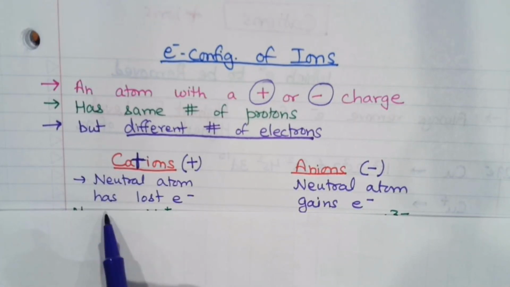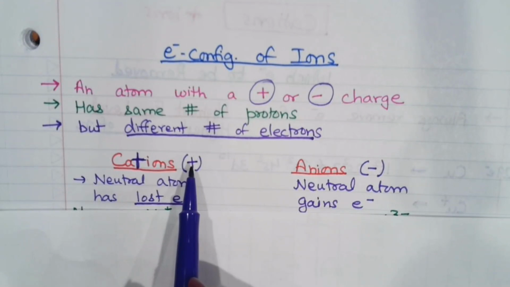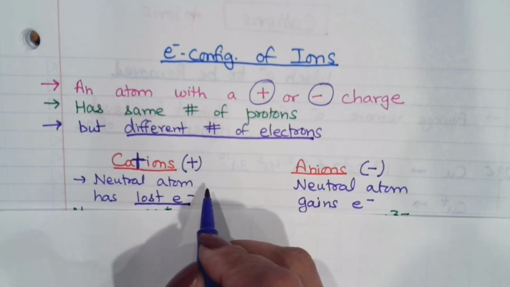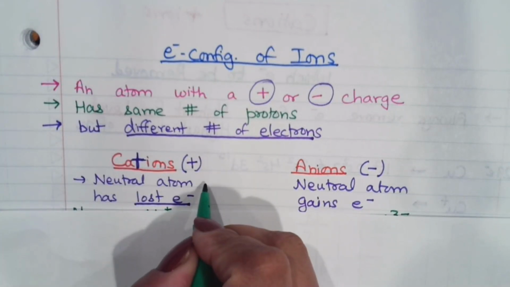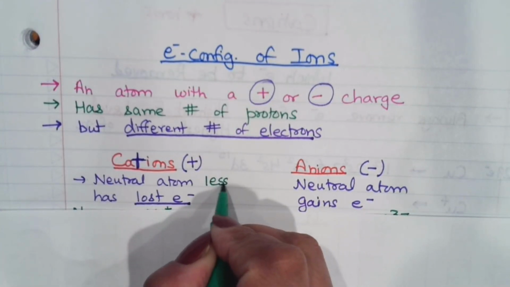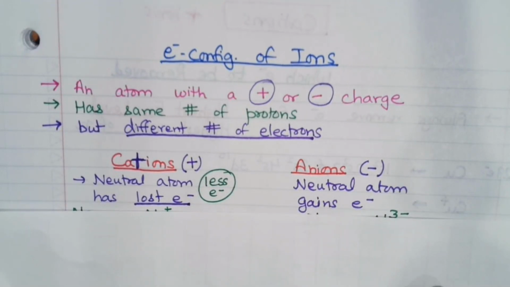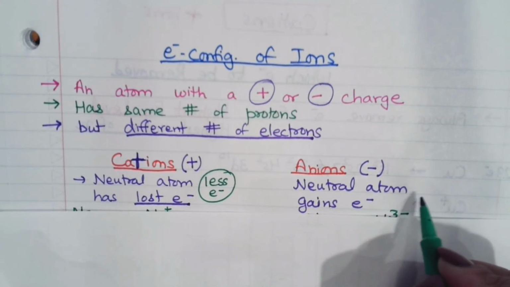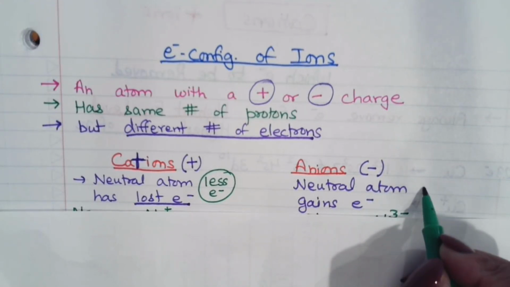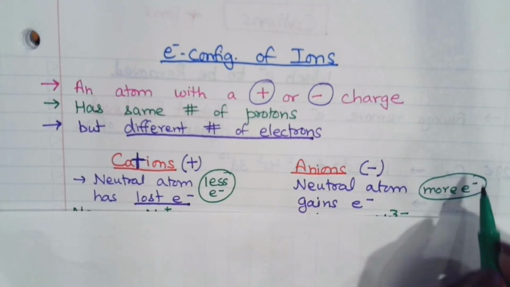When a neutral atom loses electrons, that is when cations are formed. So cations have fewer electrons than the neutral atom. Whereas anions are formed when a neutral atom gains electrons, so anions have more electrons than the neutral atoms.